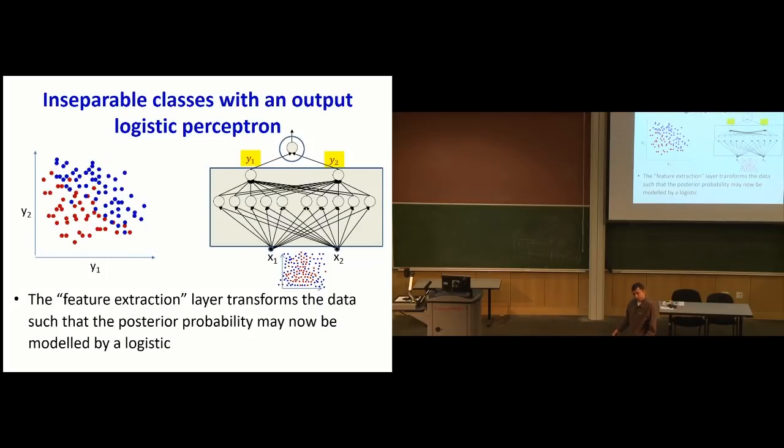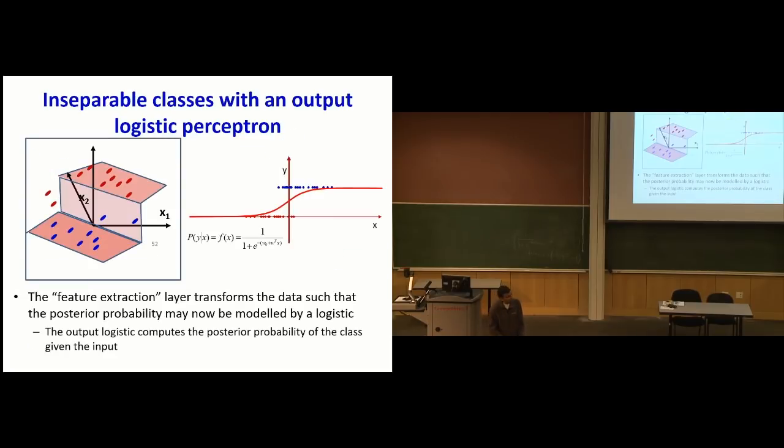When you're minimizing the cross entropy, you're learning a more complicated model, but the model is learning to compute the posterior probability, where the feature extraction layer transforms the data such that the final neuron can now compute the posterior probability using a logistic function, and the output logistic actually computes the posterior probability of the class.